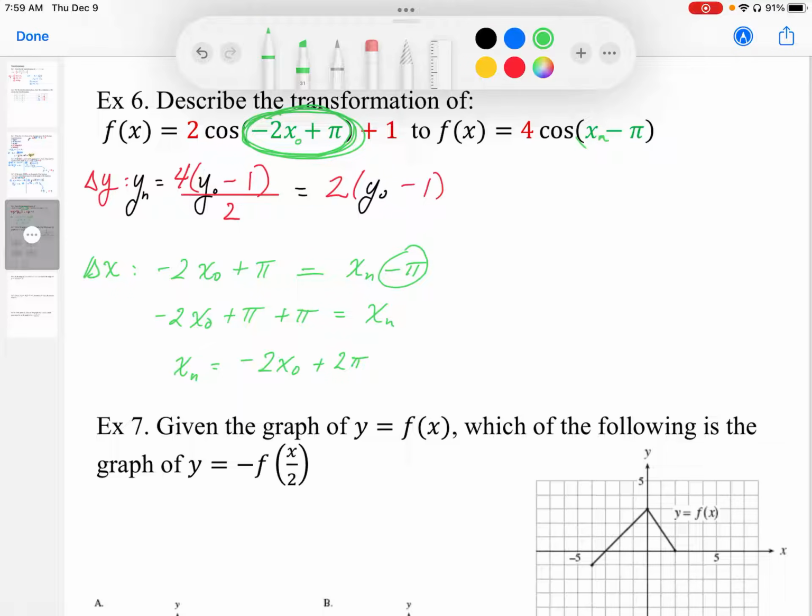So that is the transformation, undoing that transformation already. And then we can redo this plus pi by moving it to the other side. Okay, so that's a different perspective to take, and it's a little bit hard to wrap your head around, but you may want to think of how that works. But the actual process is very easy. We just make the inside expressions equal to each other, and then we can solve for one of the x's.